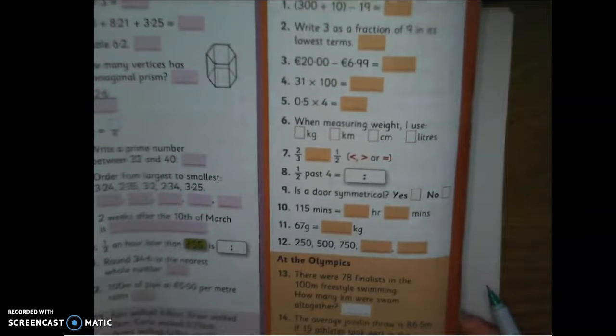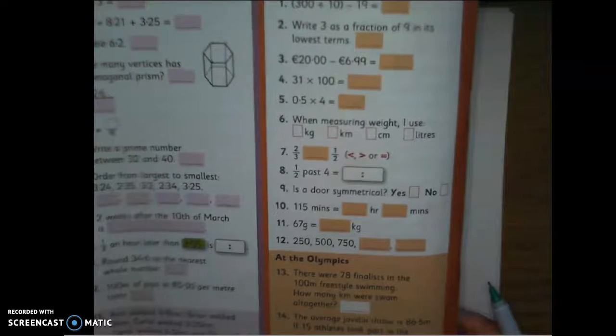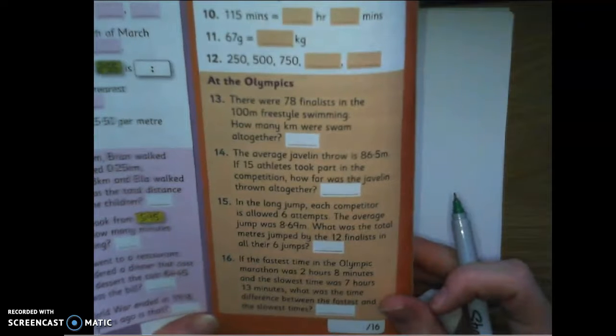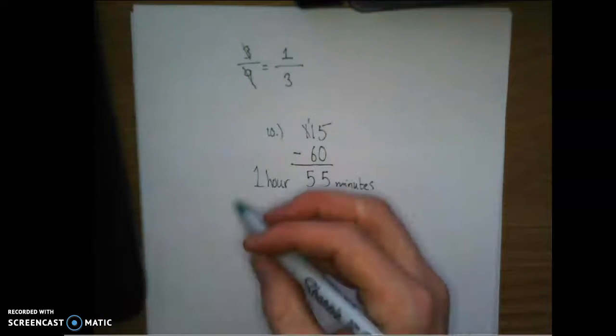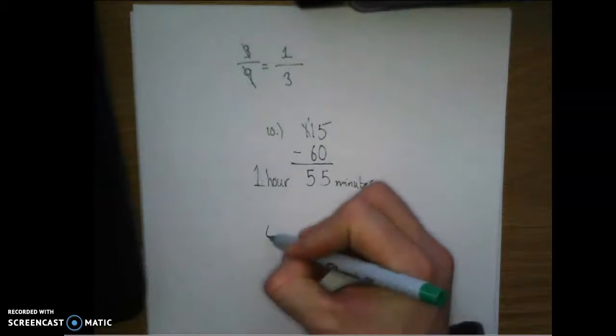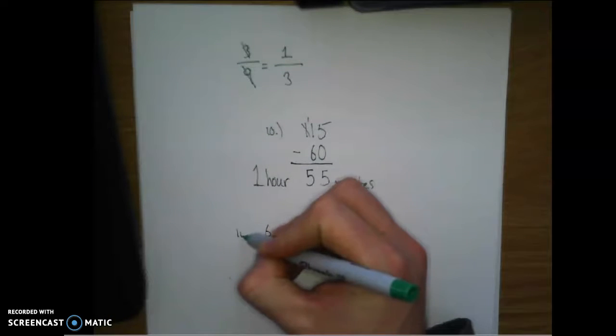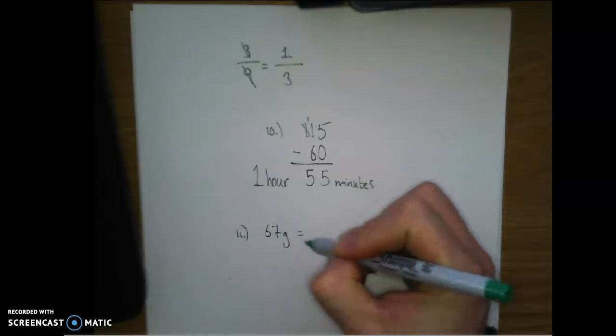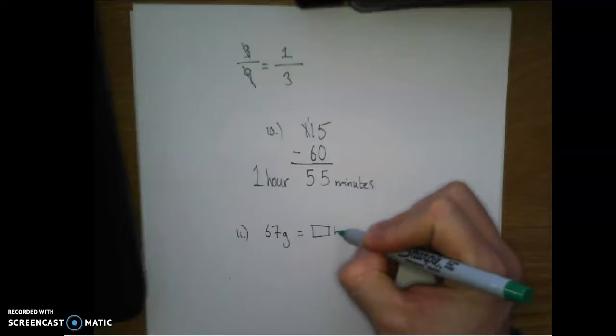Any other ones that might be tricky? Let's have a look at the Olympics. Oh no, I'll do number 11. 67 grams is how many kilograms?